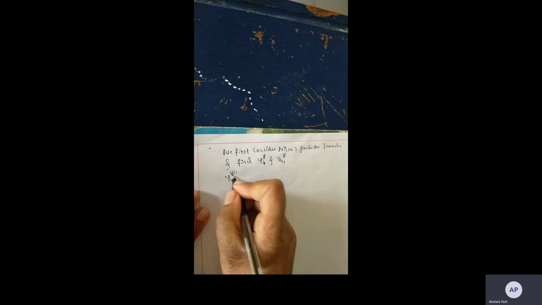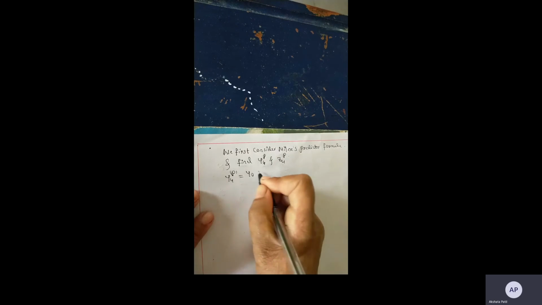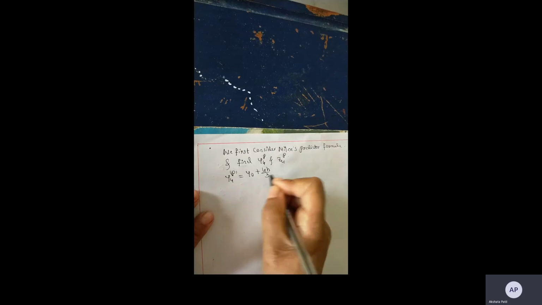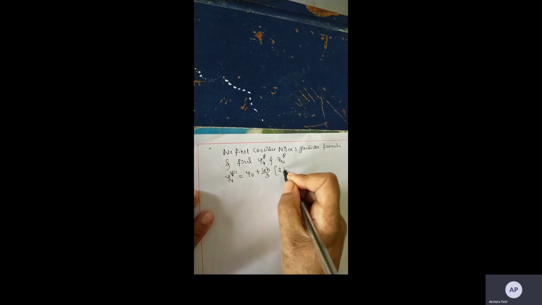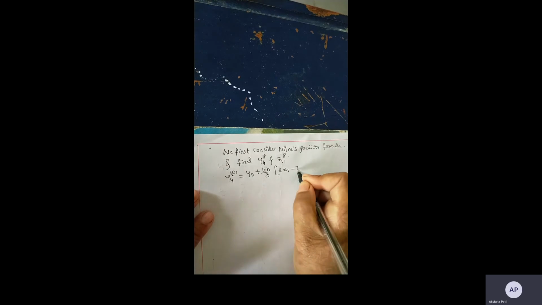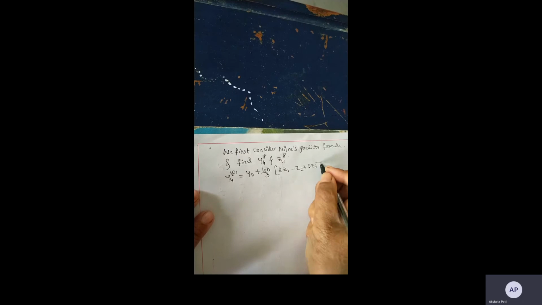Okay, now let us write the formula here. Y4 of predictor formula is y0 plus 4h by 3 into 2z1 minus z2 plus 2z3.